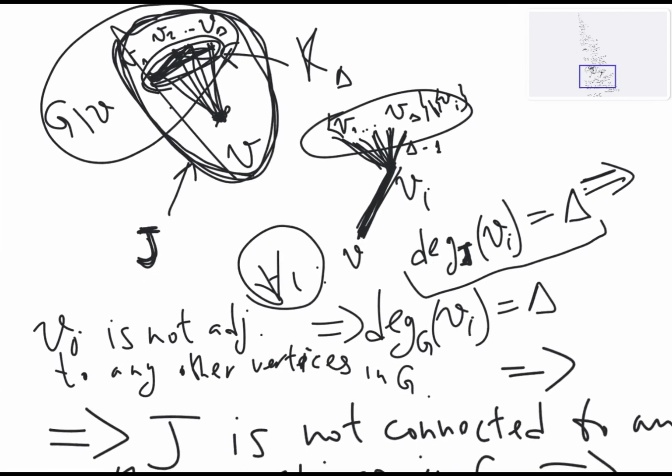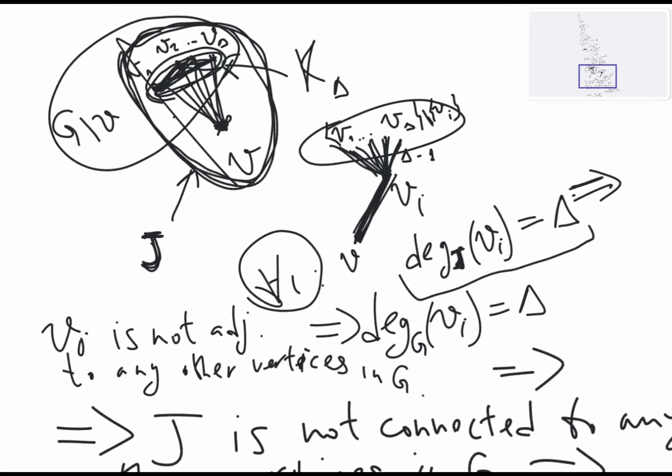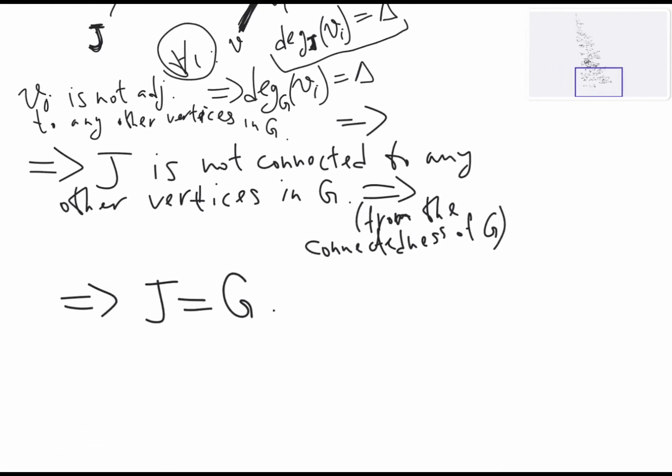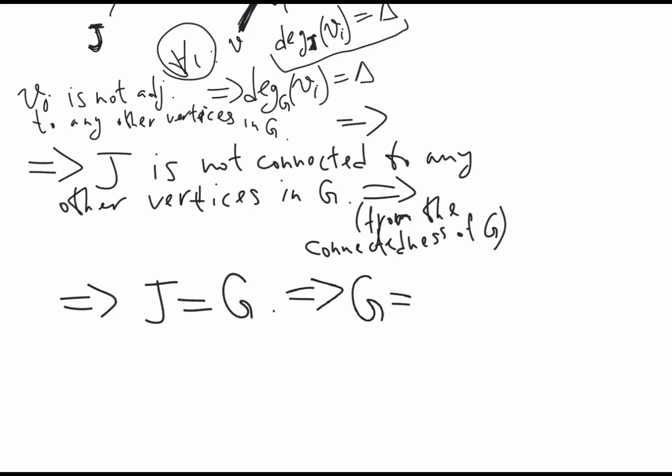Because G is connected, and we established that J is not connected to any other vertices. Therefore, there could not be any other vertices, because if there were, the graph G would not be connected, and it is connected by the condition in the statement of the theorem. But this implies that J is equal to G, and therefore G is actually K delta plus 1.